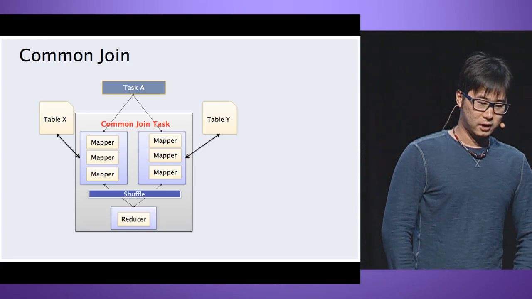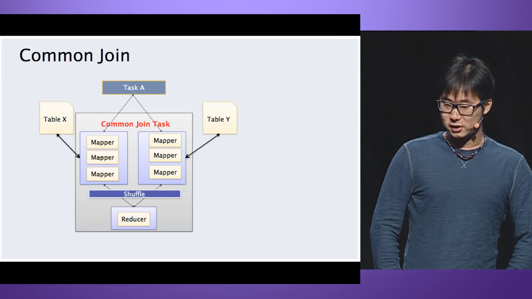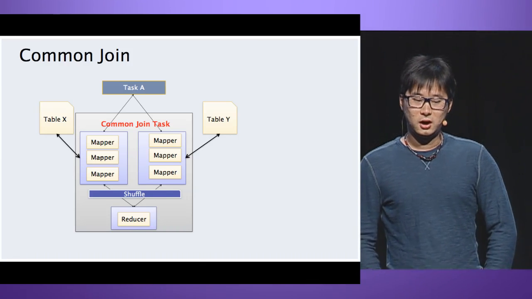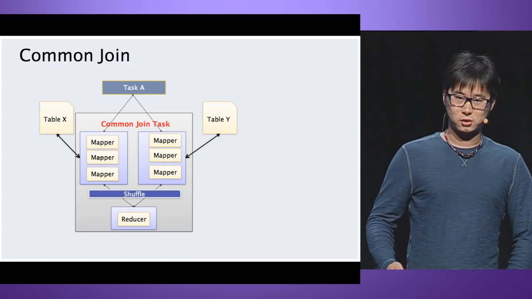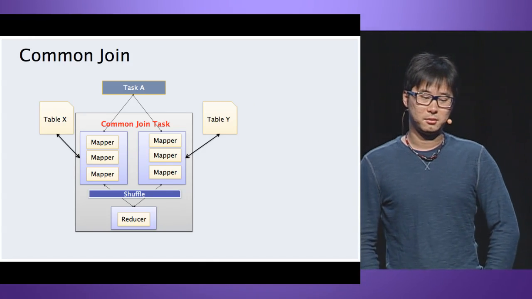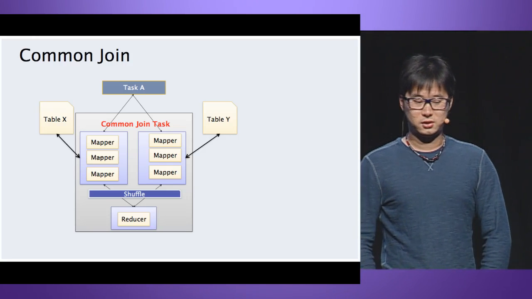This is the common case, but it's very expensive to do the shuffle stage and the reduce stage. In some cases, we just need to sort one of the tables. If the table is very small, we can even fit it into memory to do the in-memory join, and we can save the shuffle stage and the reduce stage.